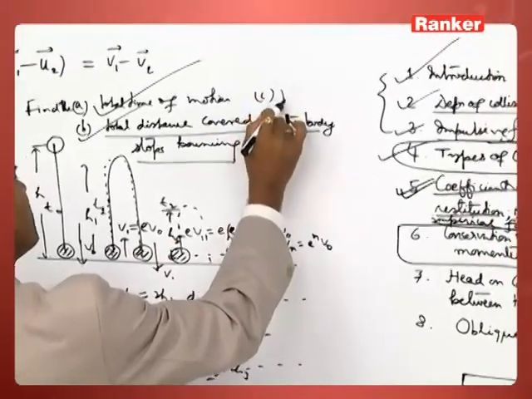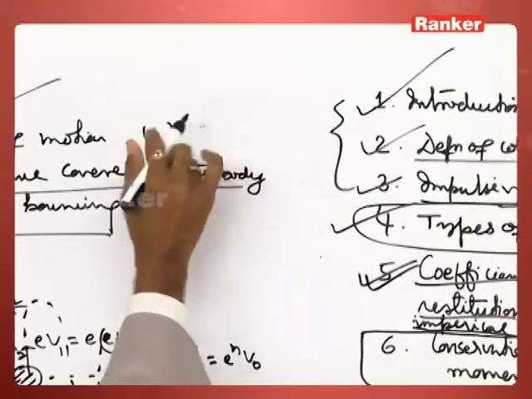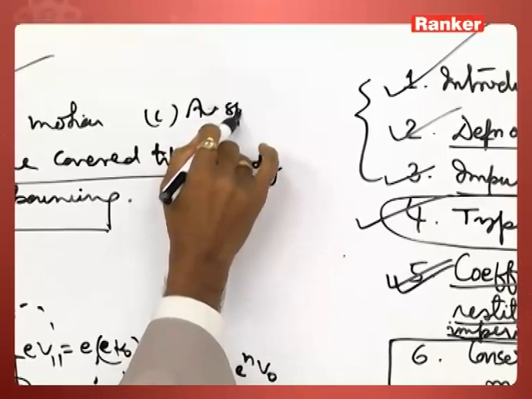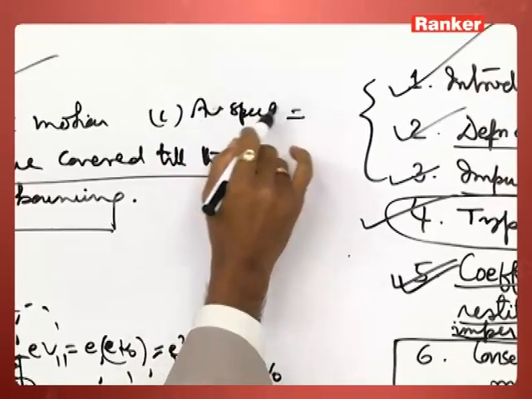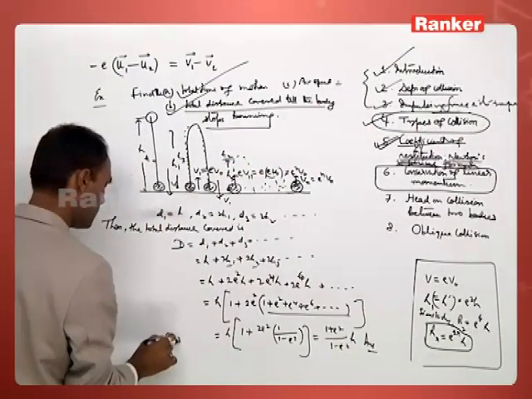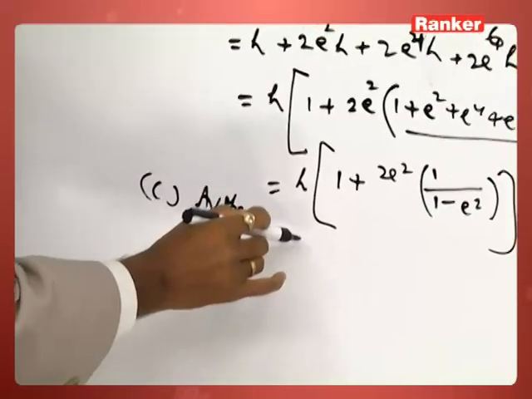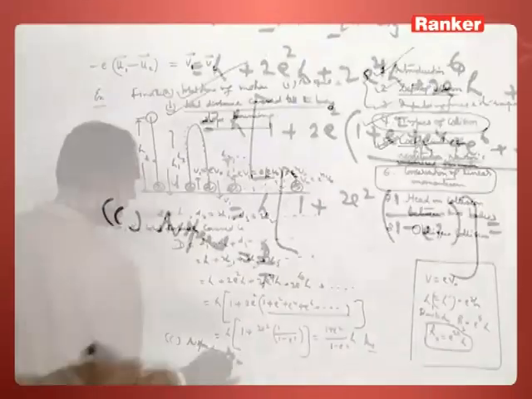If you want to calculate the average speed, you can just write the formula for the average speed, that is the total distance upon the total time.